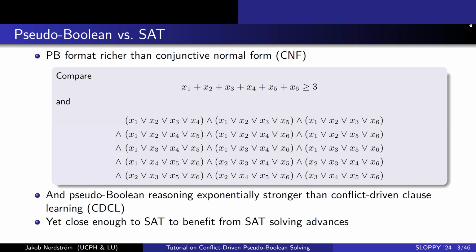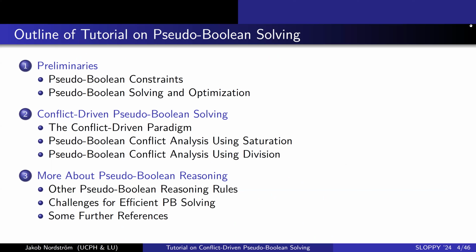We're in a setting that is close enough to SAT that it's not too hard to see that we should be able to take good SAT techniques and port them to this new setting. And another thing, if we're looking at 0, 1 integer linear inequalities, is that there's potential for synergies with all the work that has been done in 0, 1 integer linear programming or mixed integer programming more in general.